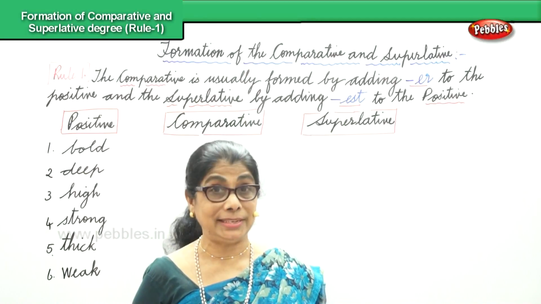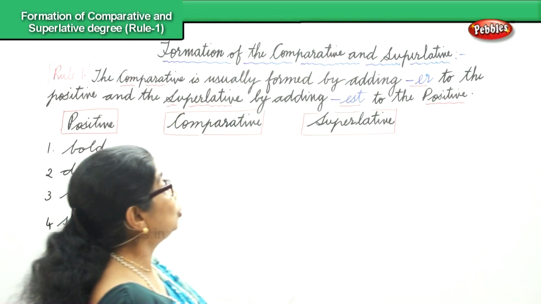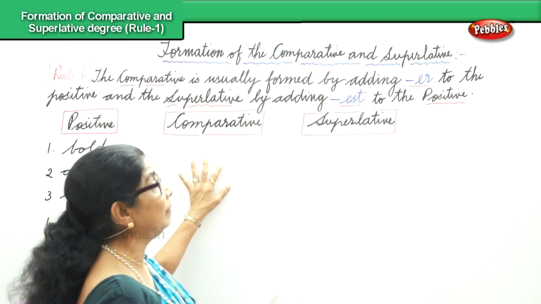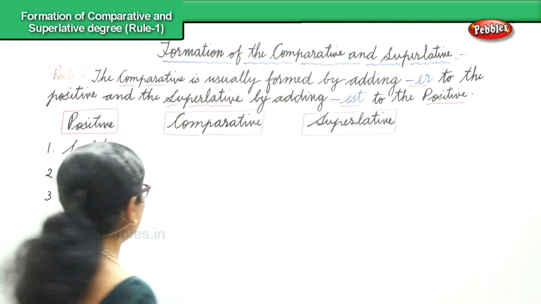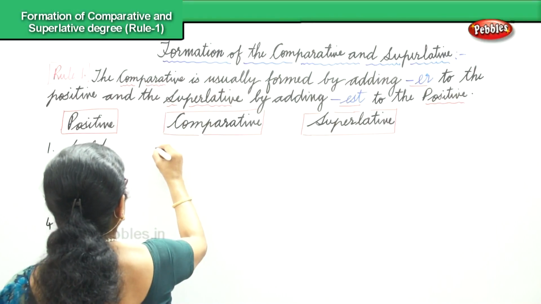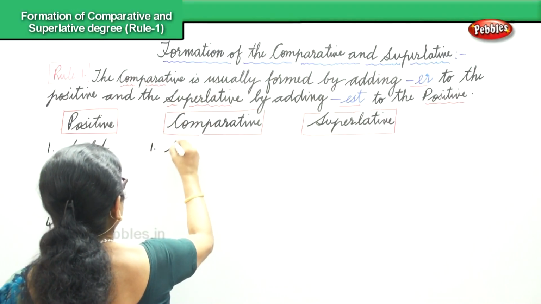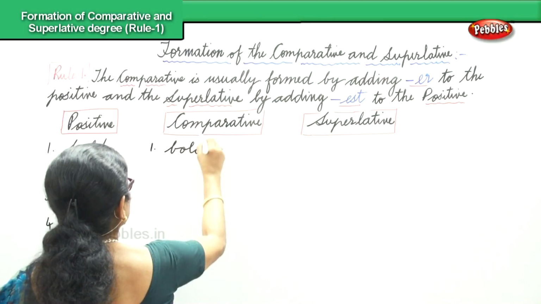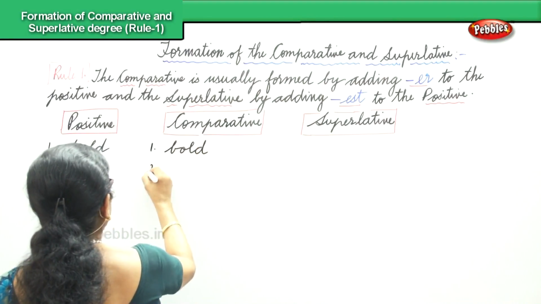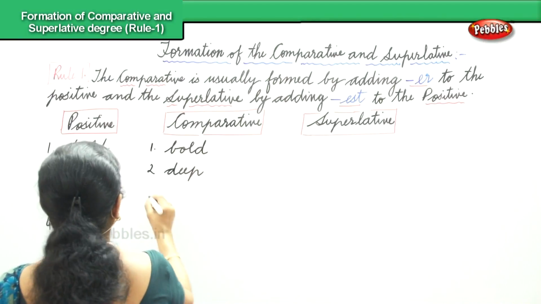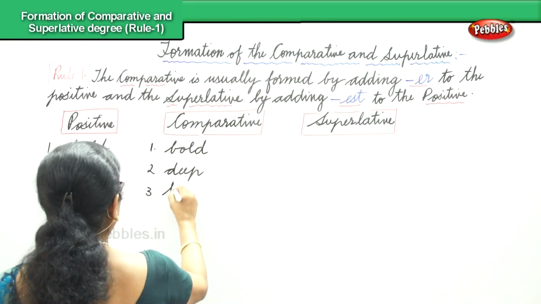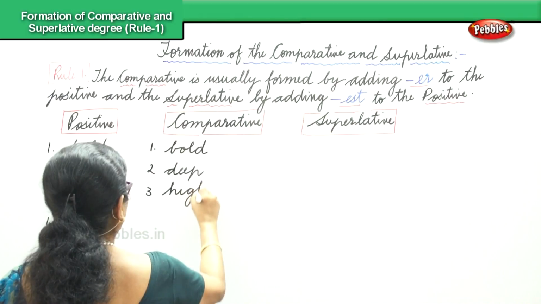Now we're going to change. We learned that to change into comparative, we add er to the positive. So first, bold, you add er: bolder. Second, deep, deeper. Third, high, higher.